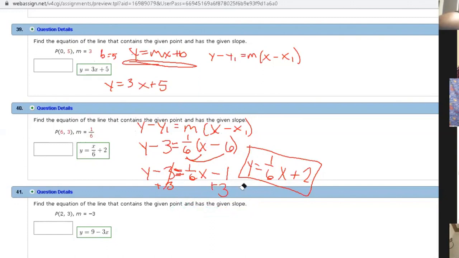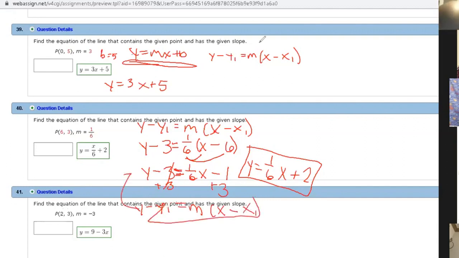Let's look at number 41. Number 41, we're given a point that has an x and y and the slope, so we can use the point-slope formula again. So we got y minus y1 equals m times x minus x1.